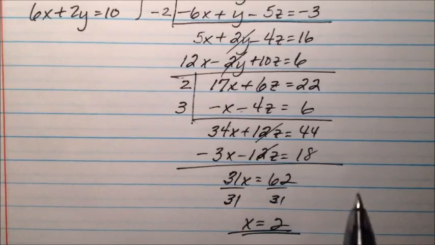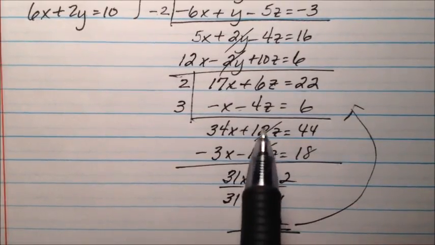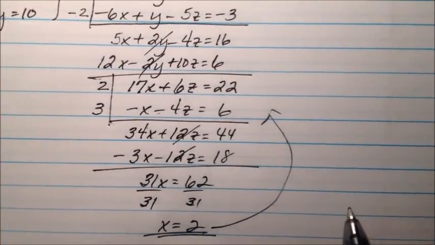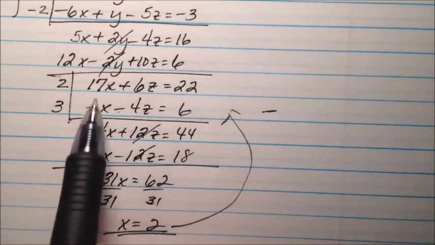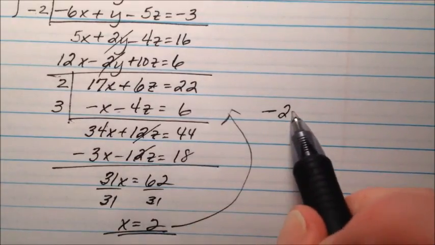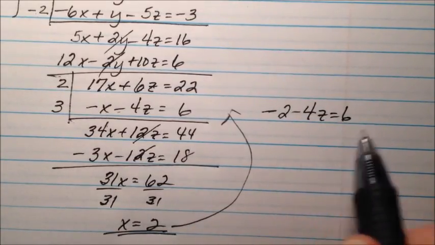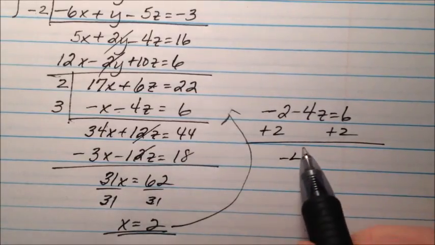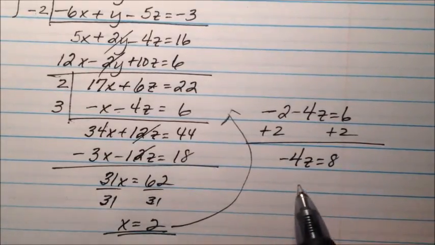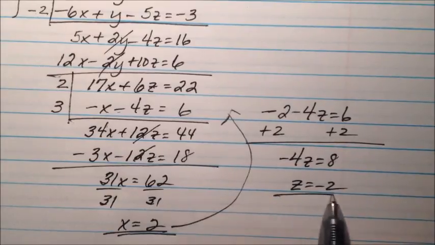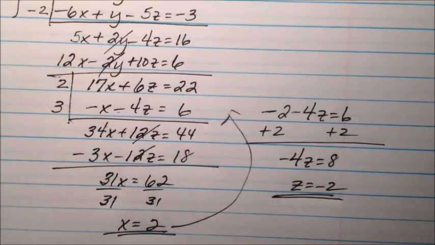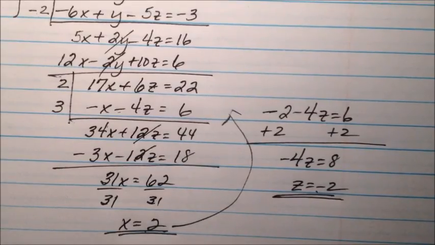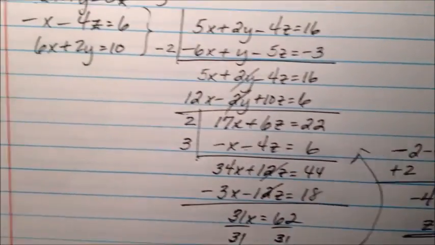Okay, that's really nice because now I can plug it back into one of the equations with just an x and a z. So let's go ahead and do that. We'll say a negative x, which is negative 2, minus 4z equals 6. So if I add 2 to both sides, it'll be negative 4z equals 8, and z will be negative 2. So now that I have x and I have z, I can plug them back into any one of these equations.